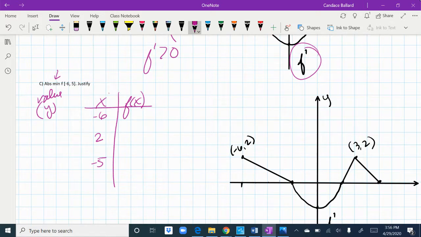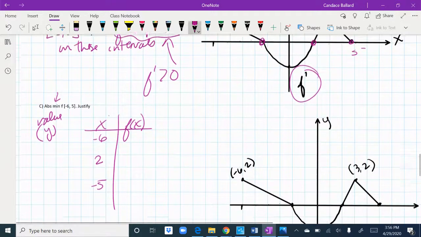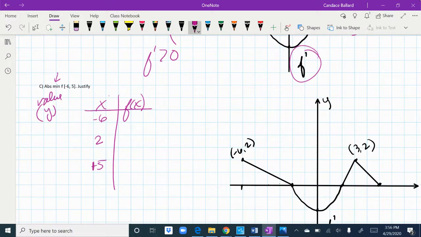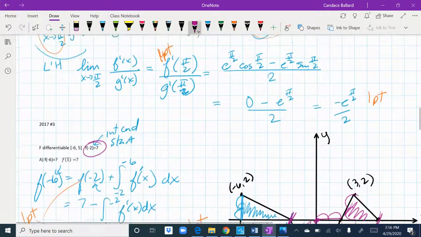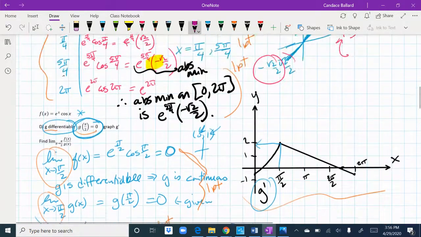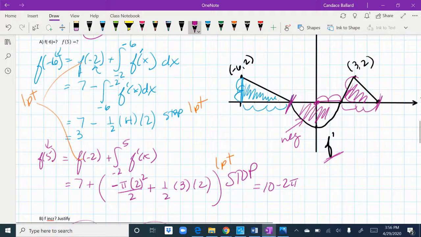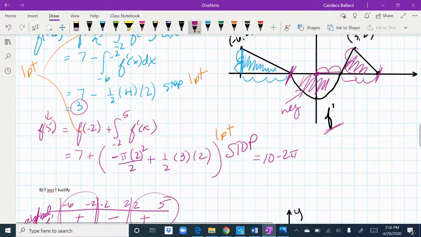So we are putting these into f of x, and we did it, didn't we? We know what this is from part A. Go look up at part A. We actually know, and this shouldn't be -5, it should be +5. If we look at part A, we actually went too far. We evaluated -6. We actually needed to go all the way because we needed that number, and we needed this number too, because this would be kind of ugly.